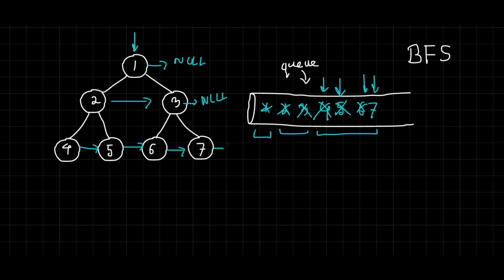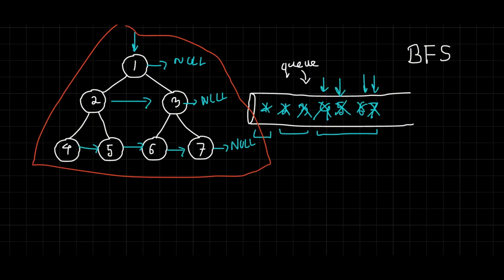Yes, it is. So 7 will be connected to null, or the next pointer of 7 is connected to null. And finally, we remove 7 here. So we can say that this tree is modified and all of the next pointers are connected. So we have populated the next pointers by using the BFS.